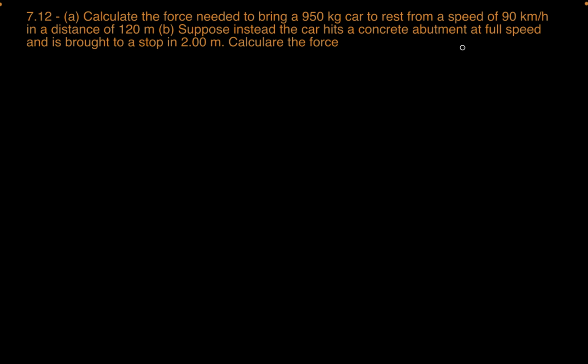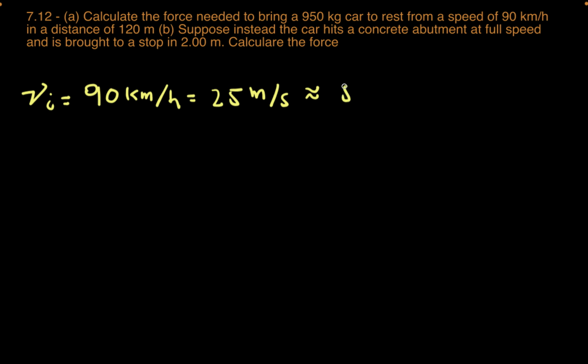The car was going down the highway at that speed, so that speed is going to be the initial speed. And this is also 25 meters per second, so that you get an idea about how fast this is. It's about 55 miles per hour, give or take.